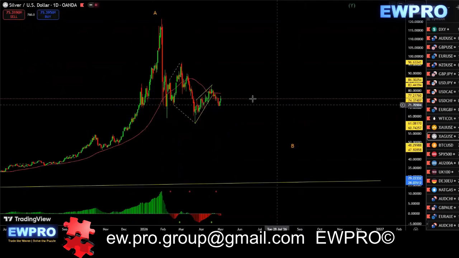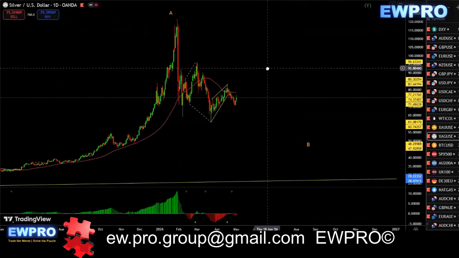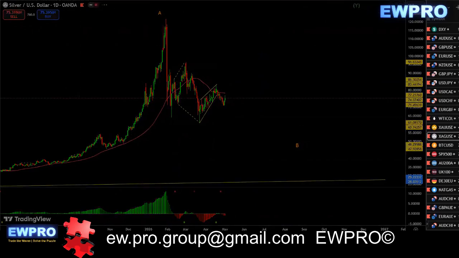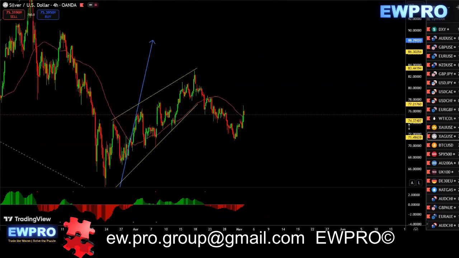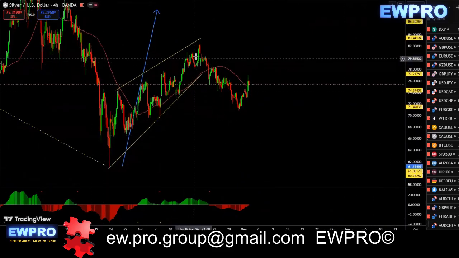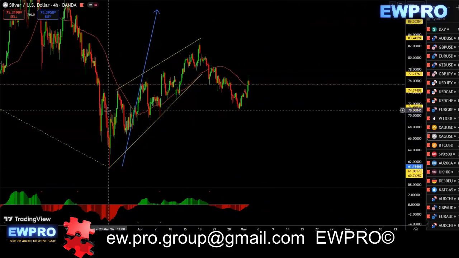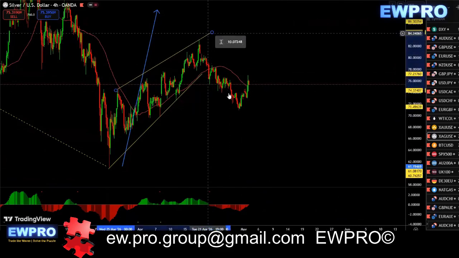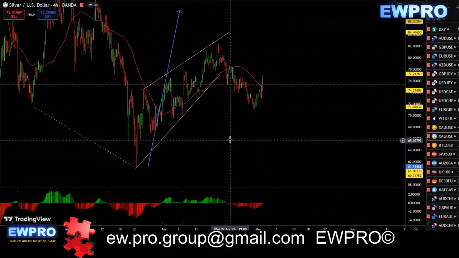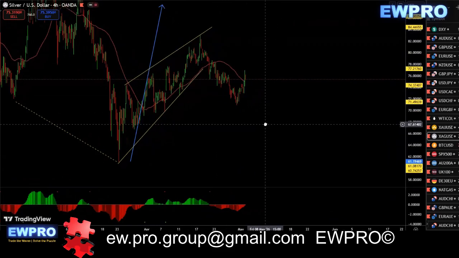Silver's very similar to gold, very similar structures. This one here was very much more bearish, so this rising wedge that we were getting, it's broken out of that quite a while ago.